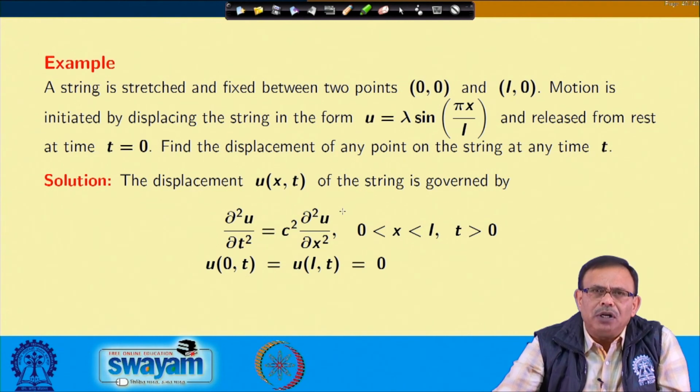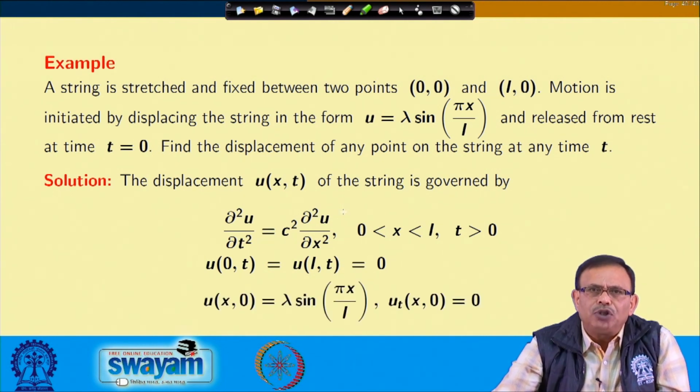The string is fixed at two points, 0 and L. So at x equals 0 and at x equals L, the function is 0, that is u 0 t equals u L t equals 0. Also, the motion is initiated by displacing the string in the form u equals lambda sin pi x by L. Therefore, at t equals 0, the value of the function is lambda sin pi x by L, and from here you can tell u t x 0 equals 0.